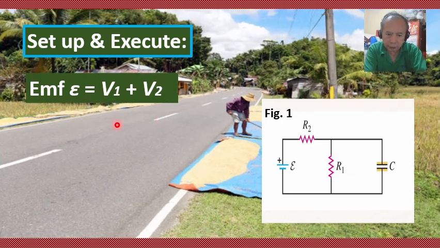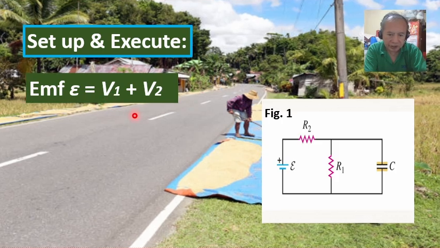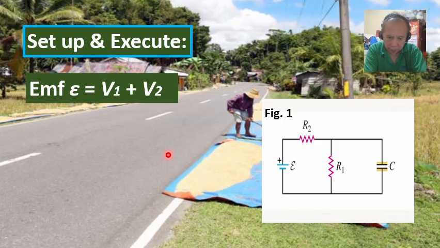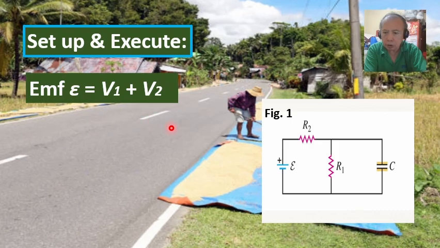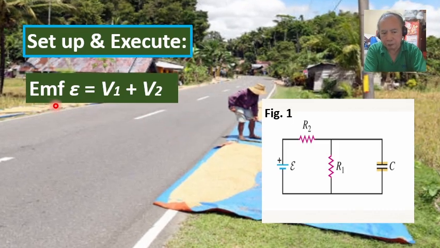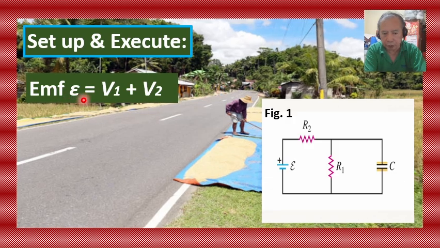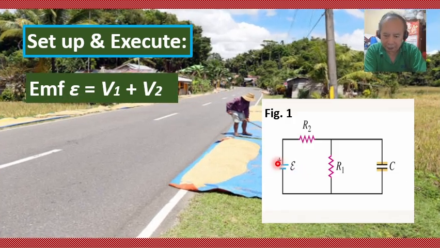Finally, we now come to the last step in our computations for us to determine the target variable, which is the electromotive force epsilon of the battery.